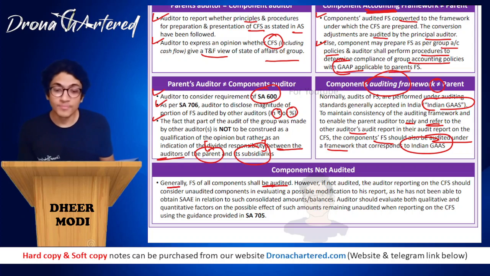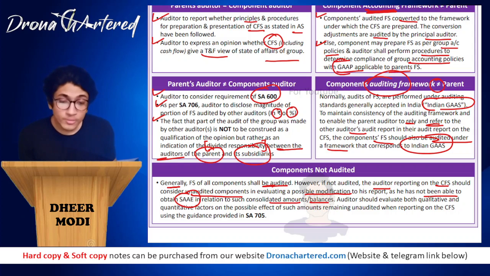However, if they are not audited, the auditor reporting on the CFS should consider unaudited components in evaluating possible modification of his report. That means if the component is not audited, he can modify his report as he has not been able to obtain sufficient and appropriate audit evidence in relation to such consolidated amounts and balances.